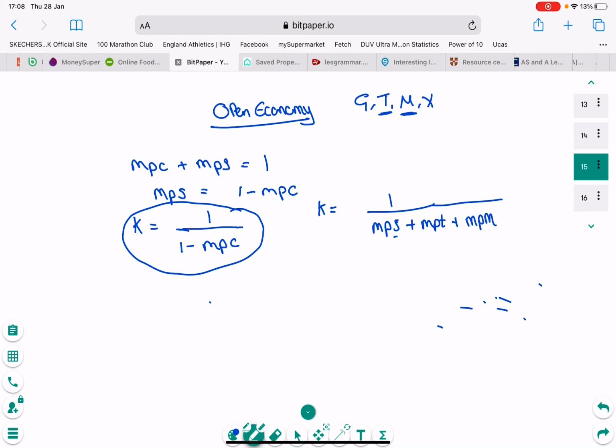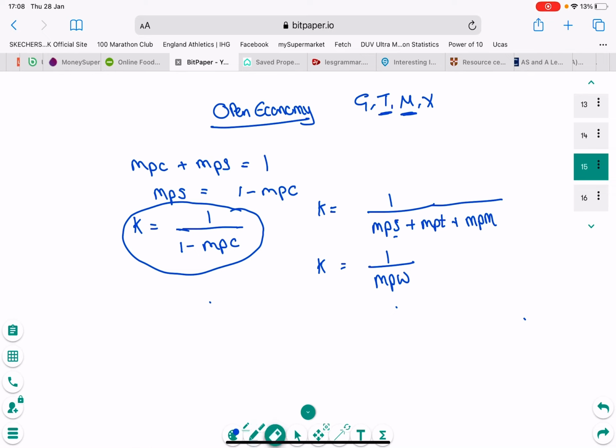So that's the value of the multiplier that you would use for an open economy. Generally speaking, we will always talk about an open economy. We just did the closed economy as an introduction. We sometimes write that as K equals 1 over MPW, where MPW is marginal propensity to withdraw.